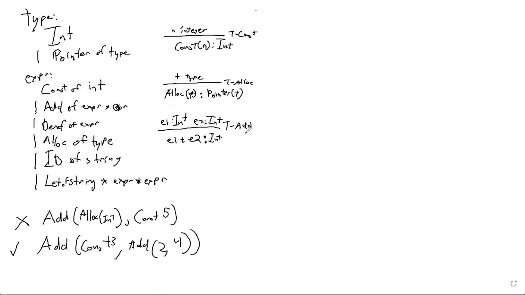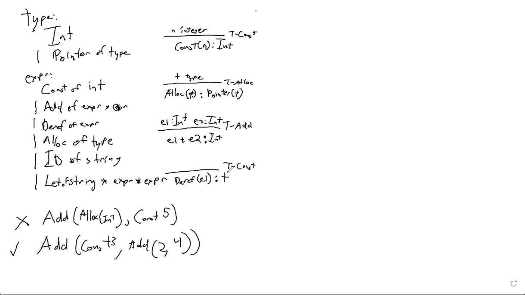All right, great. So this is our tadd. Finally, let's do tderef. This should be pretty similar. So you might want to pause the video and see if you can come up with the rule on your own, because all the pieces are there. The thing that we want to prove is that deref of E1, even though there's only one expression here, is of type T under what circumstances?